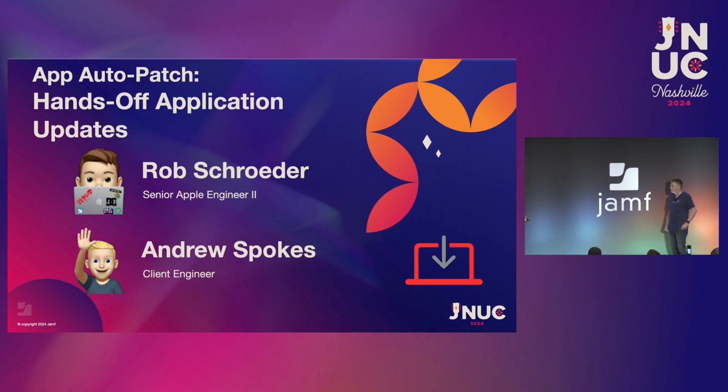I saw the light, came over, and started managing Apple in about 2012 with Mountain Lion as the OS. And today I have the privilege of presenting with my co-presenter, Andrew, one of the key contributors on the App Auto Patch project. So, Andrew, if you want to introduce yourself.